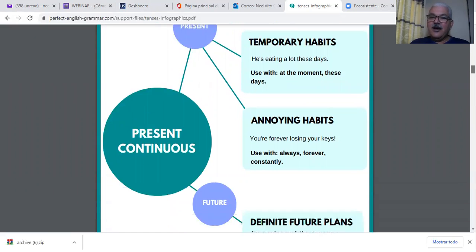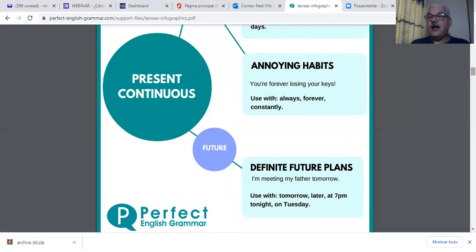And then we also use it when the habits are annoying. So we say, you are forever losing your keys, because they are lost and you cannot find them now. So you are forever losing your keys, or perhaps you are using them in a wrong way.